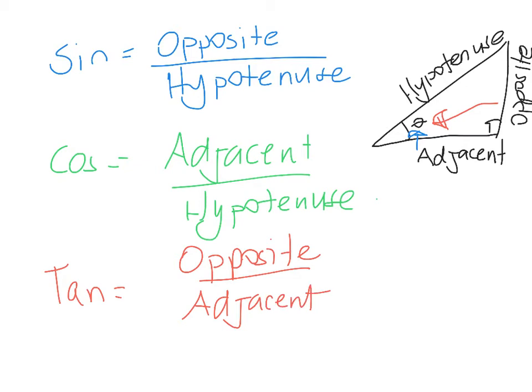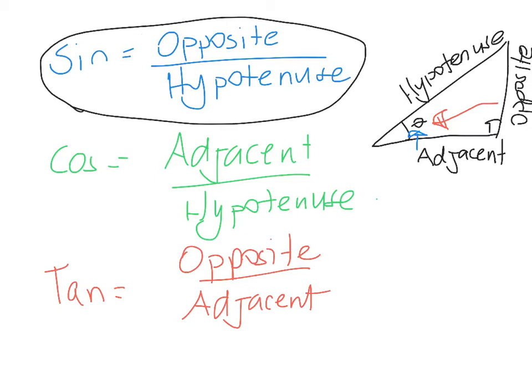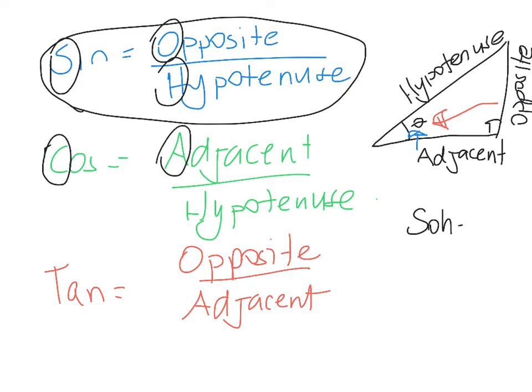Now to make this a little bit easier, you can break this down into an acronym or a saying. Let's look at this one first. Sin: the first letters of each of those words spell out SOH. Cos: C-A-H.